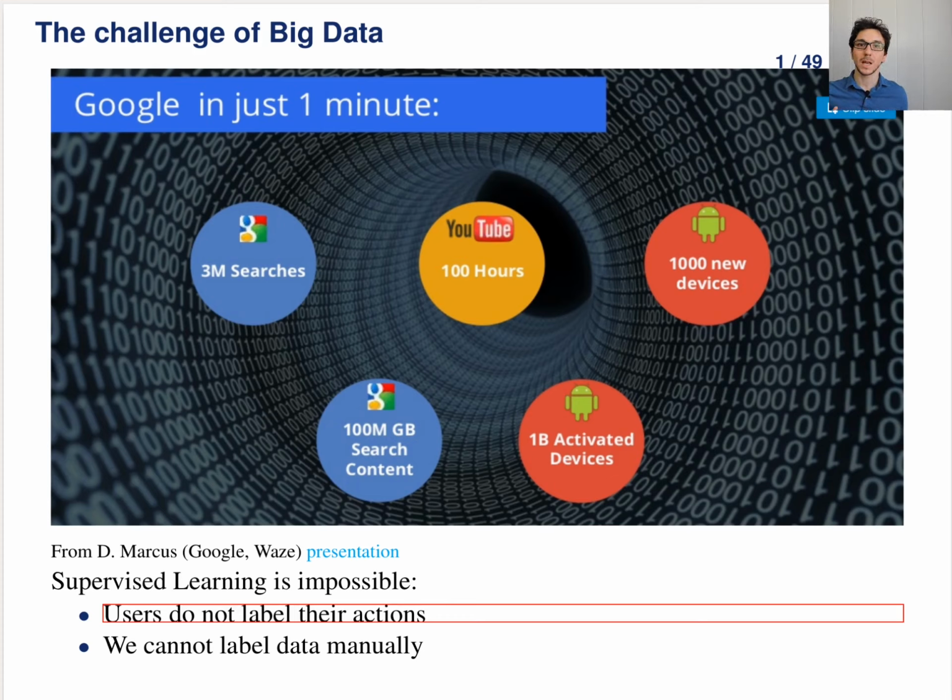So we need to be able to get insights from the data even if we don't know the labels, okay? And this is why we resort to unsupervised learning. In unsupervised learning, there is no label, or at least you don't use the label, you don't need a label to construct your model.